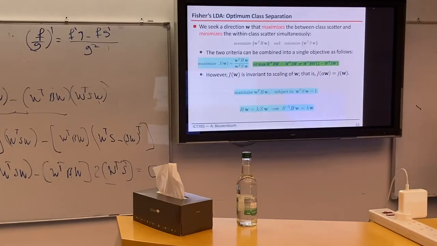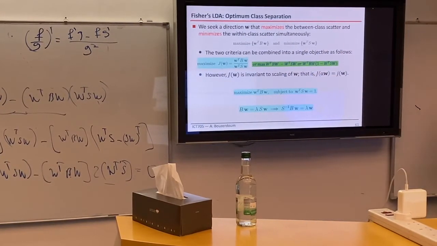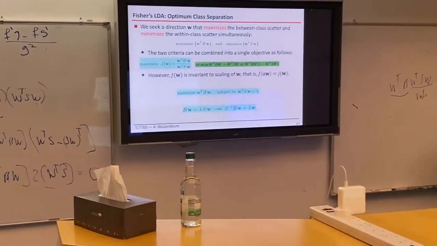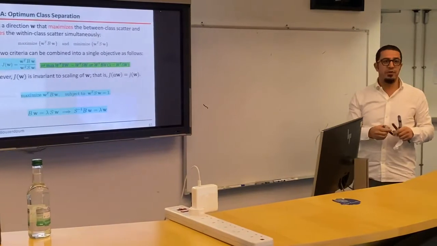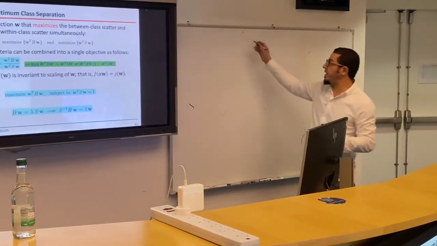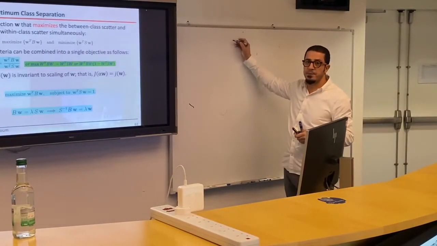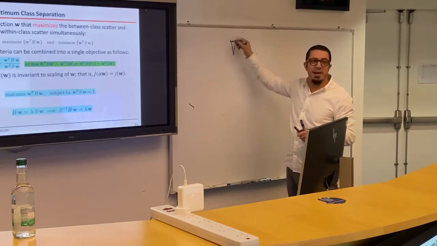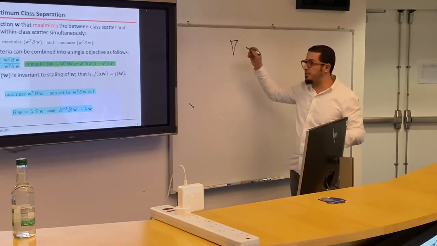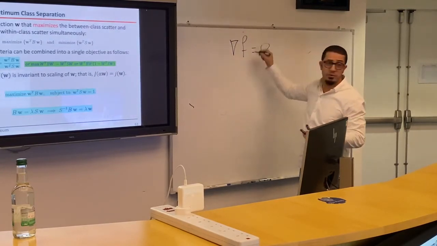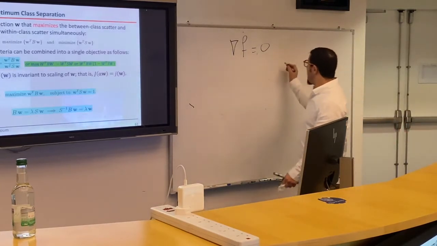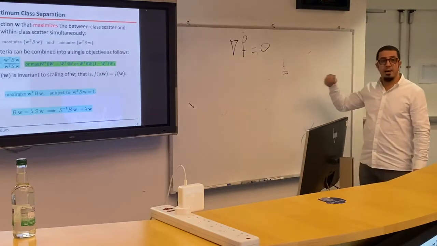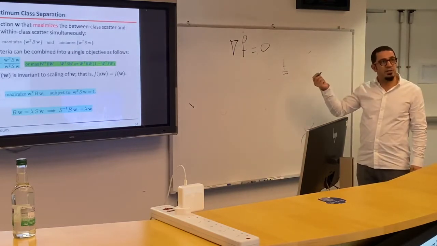Let me do a quick revision about optimization, please. When you have optimization and you want to find a maximum or minimum of any function, what do you need to do, please? In multivariable we call it the gradient, right? The gradient should be equal to 0. But sometimes I give you a function you want to maximize, but I give you a constraint equation.